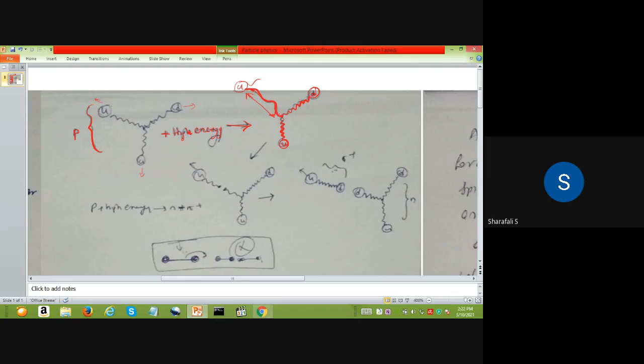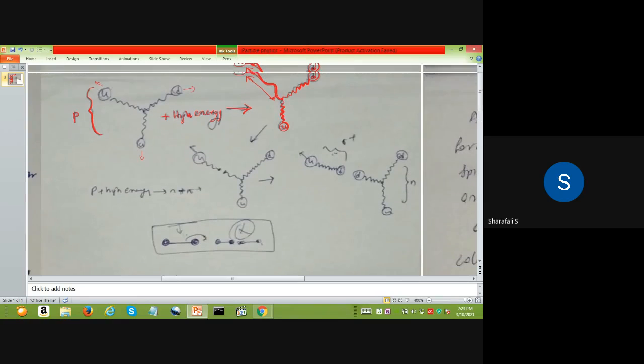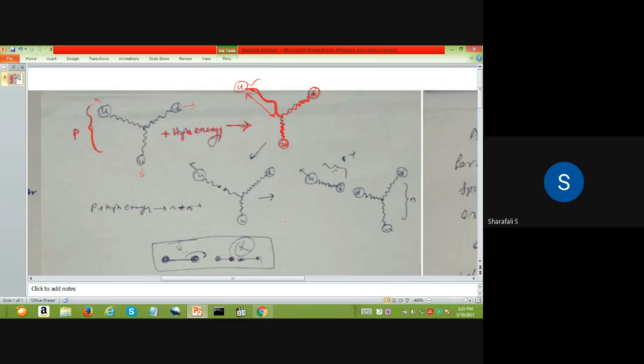It shows that the force is getting reduced, and we are expecting that the up quark should come out of that particular confinement. Okay. But what actually happens, this high energy will break this bonding, or the force, the interaction between these quarks. So this will break.